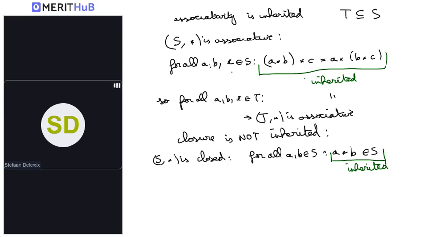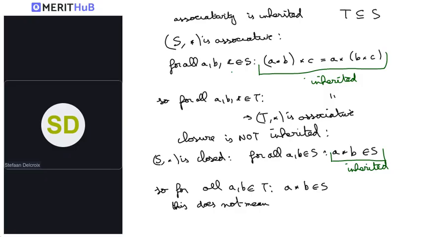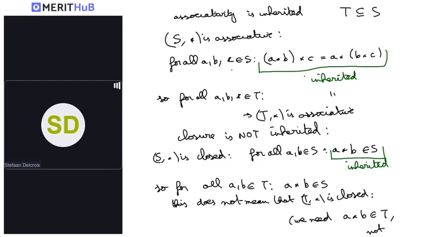So for all A, B in T, we have this property as well: A star B is back in S. But that is not saying that T is closed. This does not mean that T under star is closed. Because for T under star to be closed, you would need that A star B is back in T, not S.